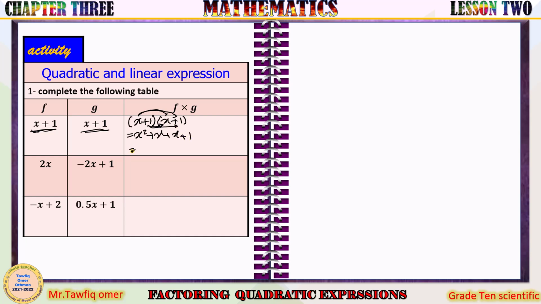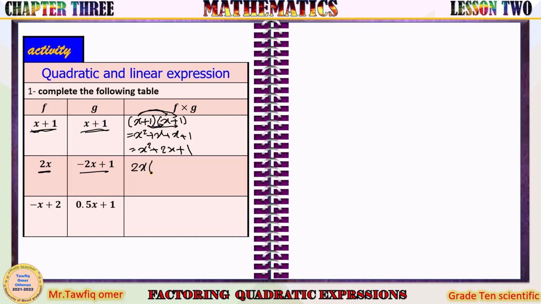Simplifying, x squared plus 2x plus 1. x plus x is 2x. We get the quadratic expression, and now we must multiply these two linear expressions.